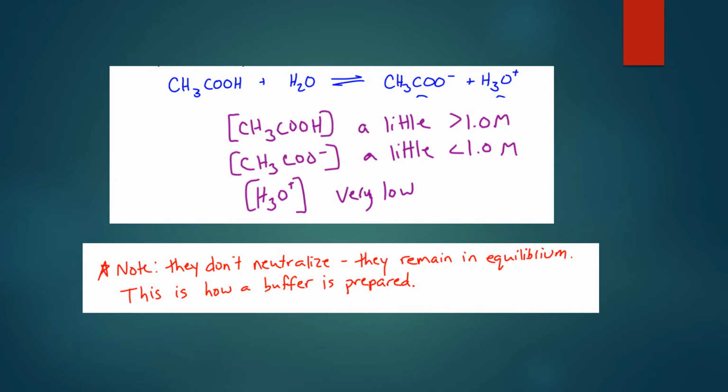We've got the concentration of acetic acid fairly high, concentration of that acetate ion just a little bit lower than the concentration of the acetic acid, but we've really lowered the concentration of hydronium. So one thing to note with this is that they don't actually neutralize. We have an equilibrium between the acid and the conjugate base, and this is how we're preparing our buffer solution.